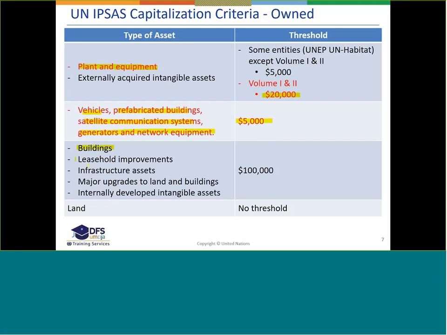Now for buildings, lease out improvements, infrastructure assets, and major upgrades, we have $100,000 as a capitalization threshold. All right?